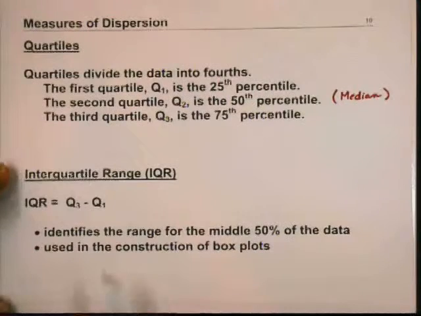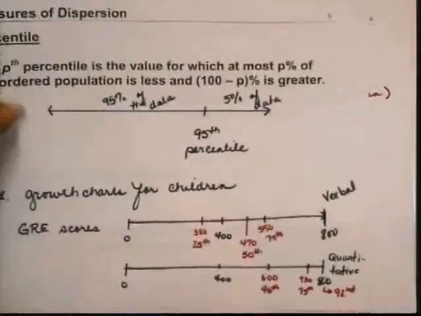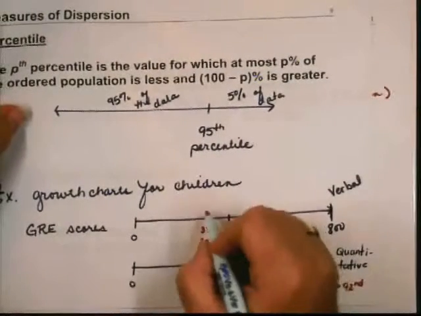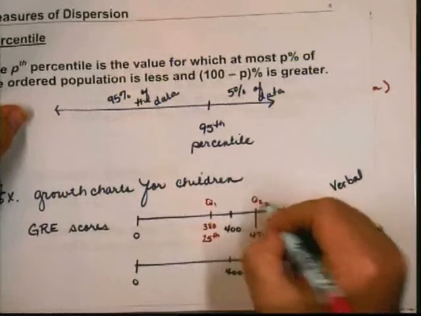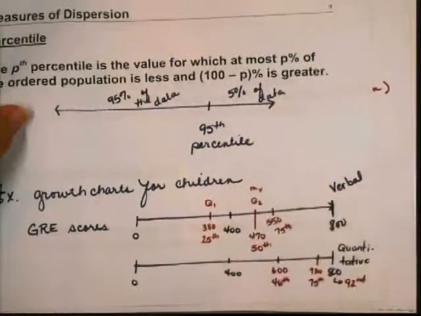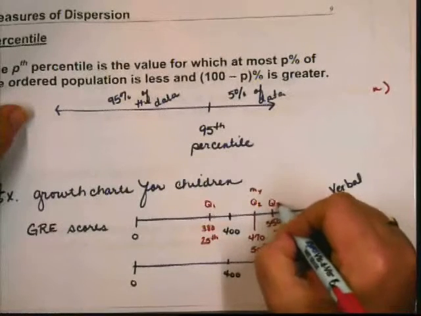Okay, and that's used in the construction of box plots, which we'll talk about in the graphics lecture. Okay, so back over here, I marked this as 25th. That would be Q1. The 50th would be Q2, or the median. We called that M sub Y. We also had 550 was the 75th. That would be Q3.